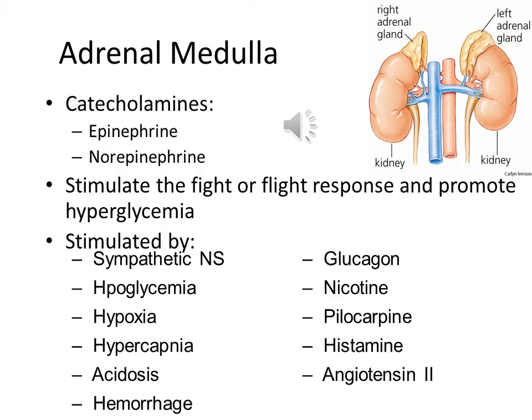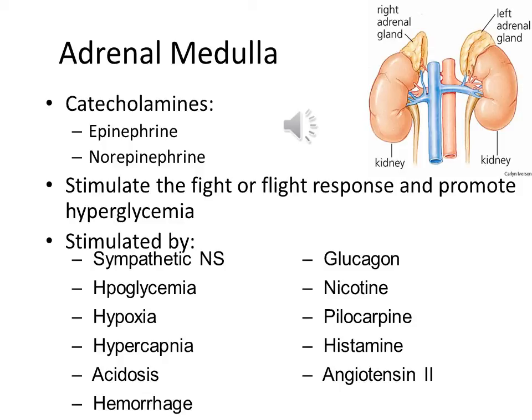Okay, the adrenal medulla secretes catecholamines, best known as epinephrine and norepinephrine, which, remember, are neurotransmitters. Remember, it's these that stimulate the fight or flight response and help to promote hyperglycemia. It can be stimulated by the sympathetic nervous system, hypoglycemia, hypoxia, hypercapnia, acidosis, hemorrhage, glucagon, nicotine, pilocarpine, histamine, angiotensin II.